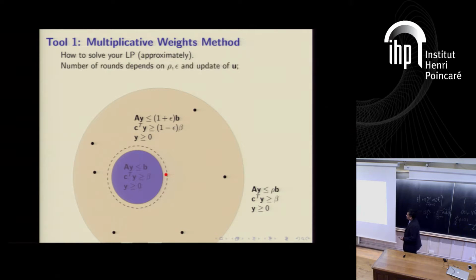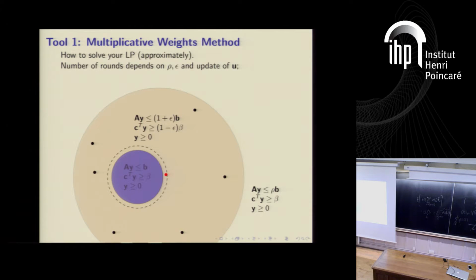The number of iterations of this procedure depends on rho, epsilon, and the update mechanism of u. One easy way of analyzing is this formula.